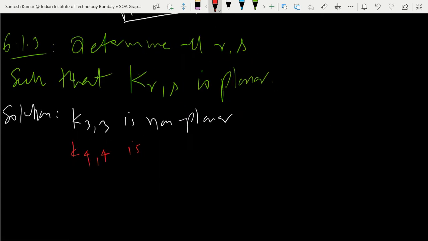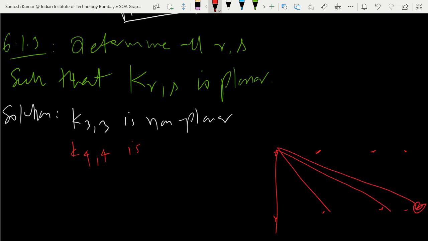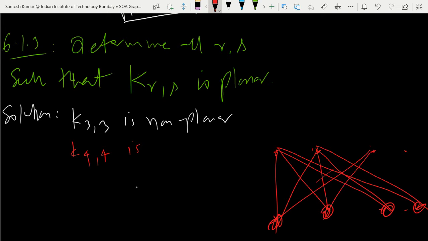So you can check, if you are not sure. Like you have four vertices and four vertices, so each vertex has degree four. Now join again. Can you draw this graph without crossing edges? So check.